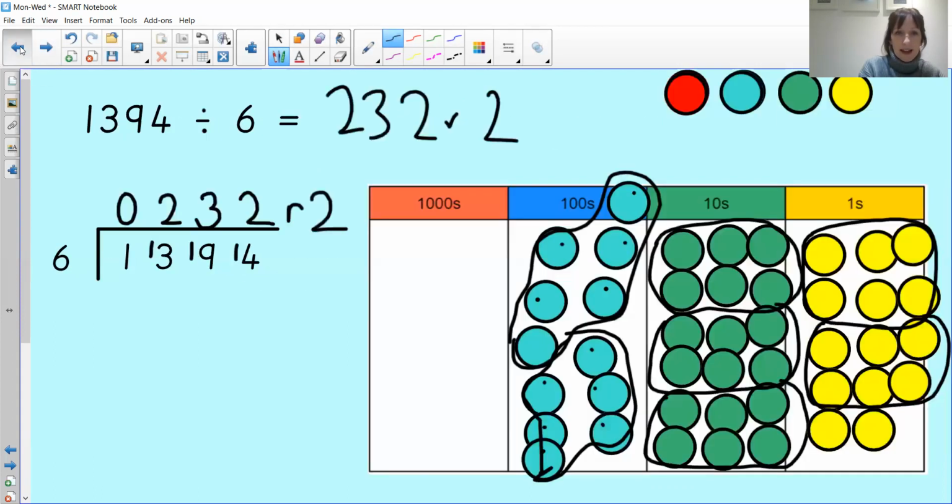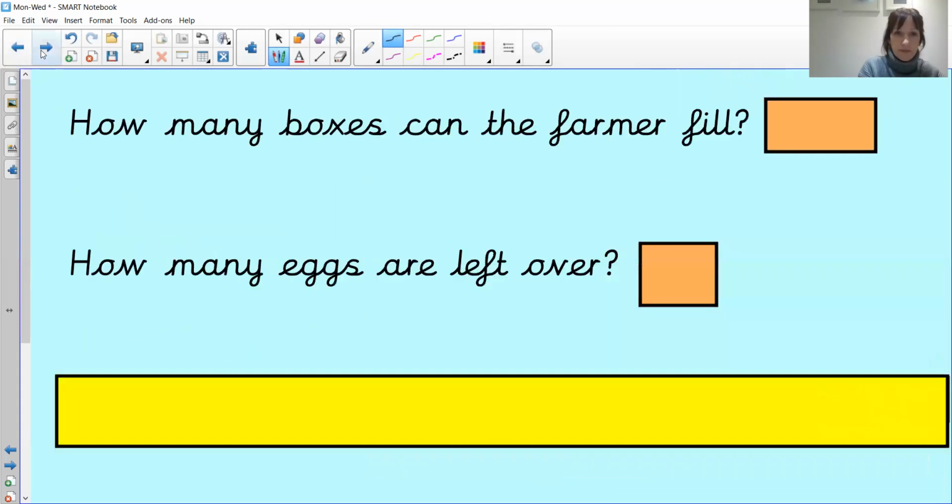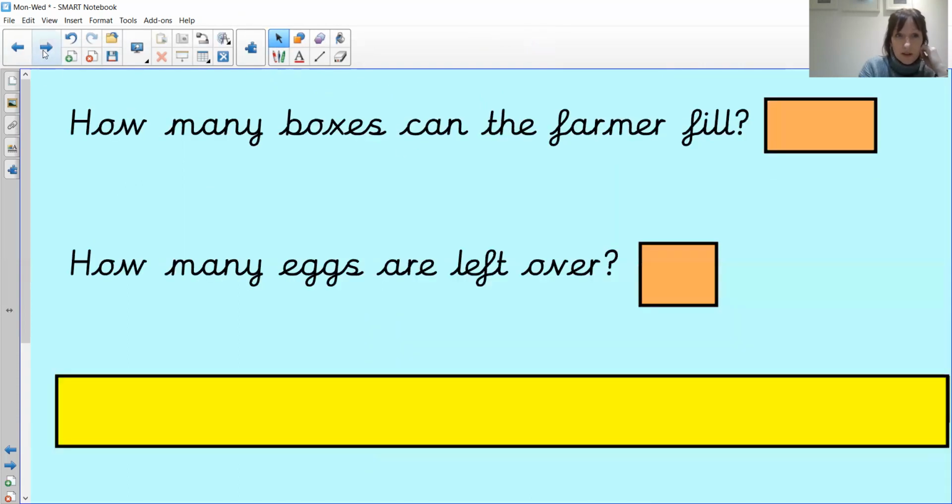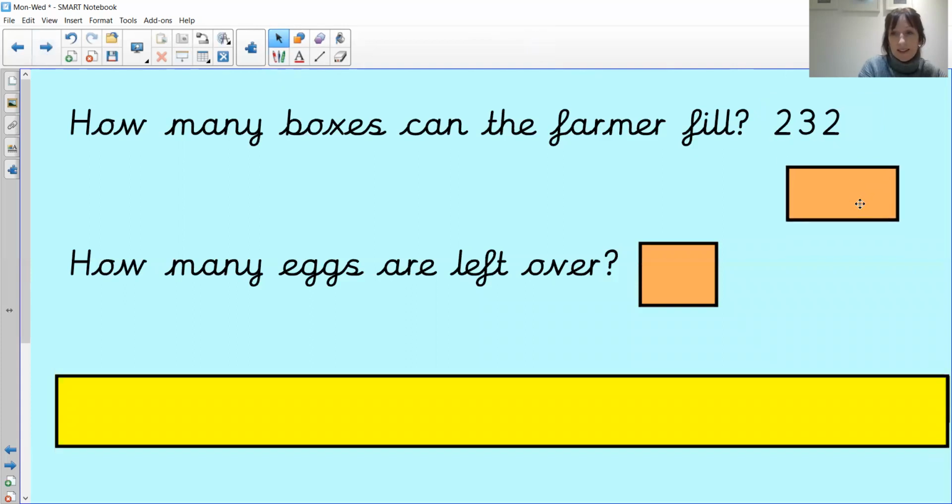So if we think back to that question, how many boxes can the farmer fill? Because the farmer can't fill 232 remainder 2 boxes. That just doesn't make sense, does it? How many boxes are full, have all 6 eggs? It's 232, isn't it? How many were left over?